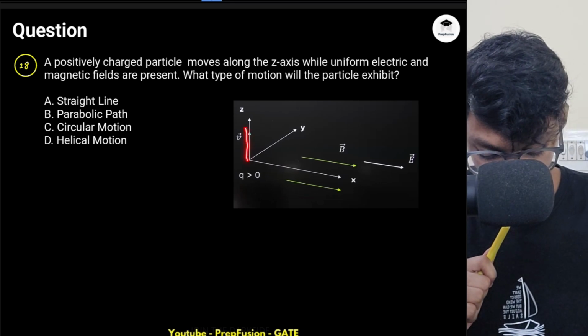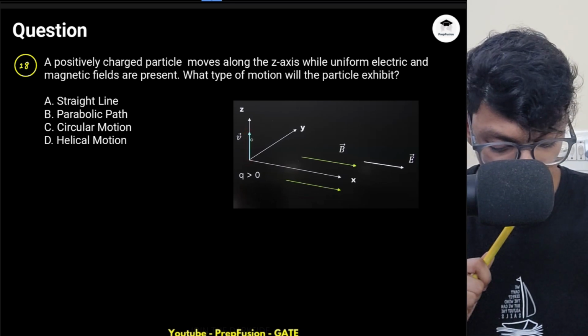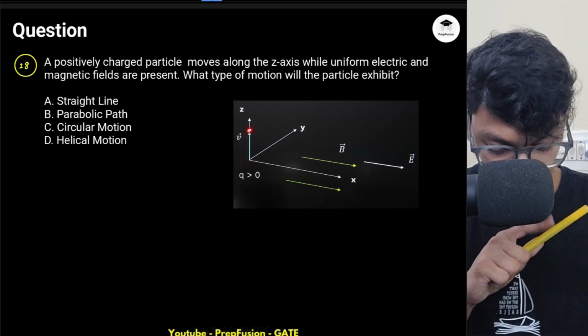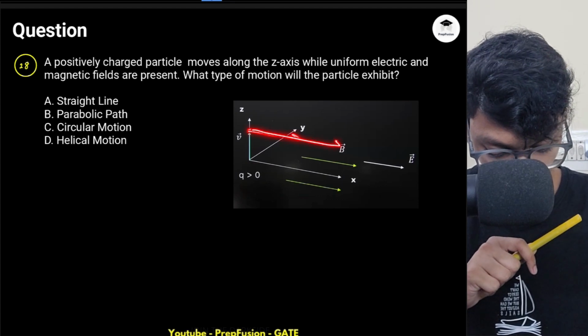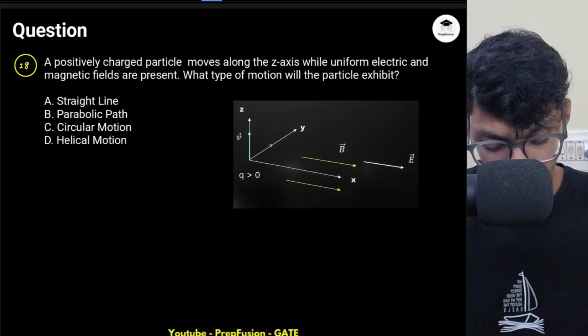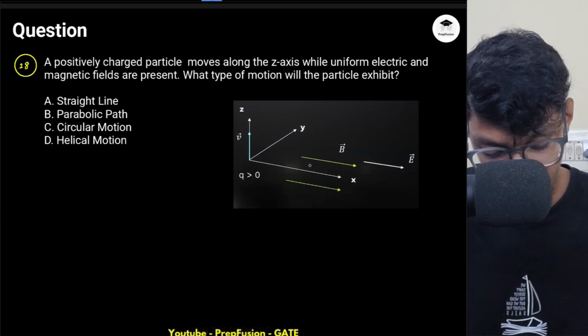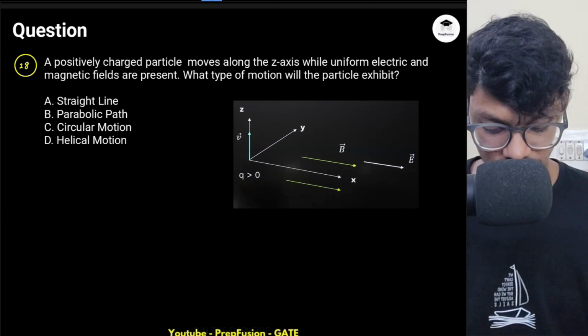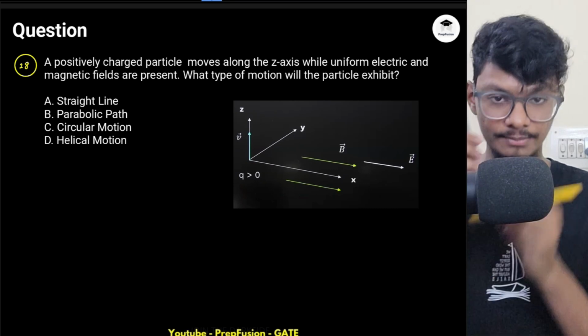So if the velocity is here, due to the electric field, the particle will move in this straight direction, right? The particle will move in this linear direction because the electric field is in this direction. But due to the magnetic field, the force will be V cross B. So V is at the top and B is here.